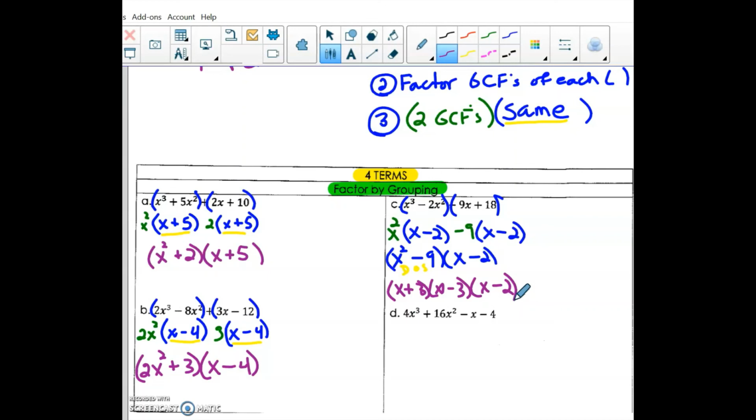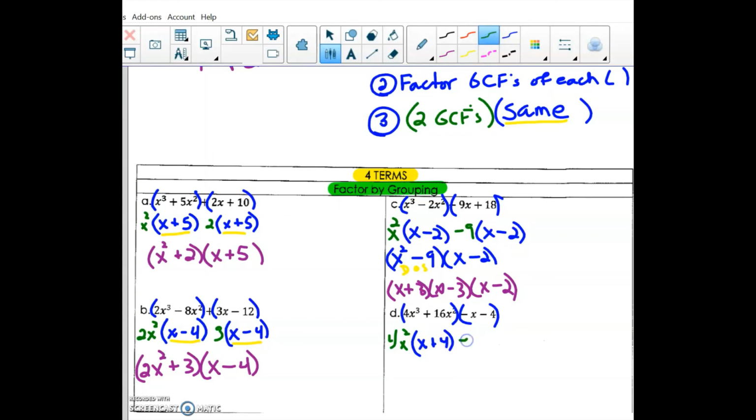So our final example, D, group them together. Make sure this negative gets looped into the parentheses. GCF 4x squared, leaving us with x plus 4.